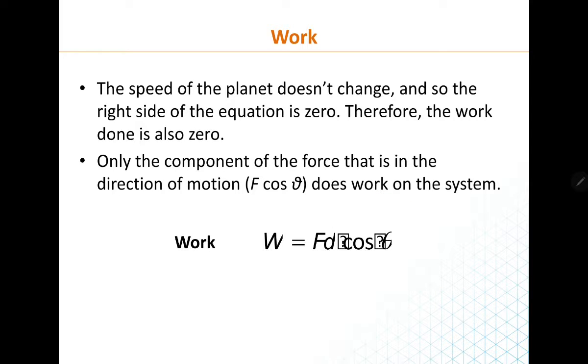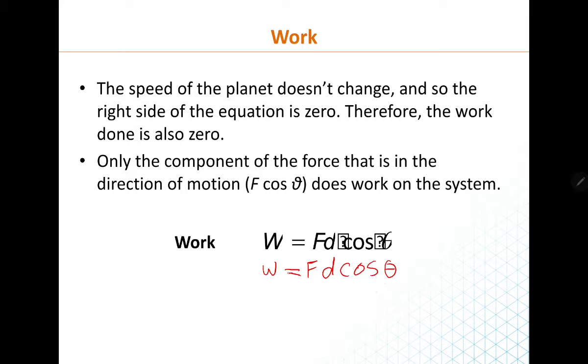And here we have the law of work, which is W equals Fd cosine theta. If theta is perpendicular, which is 90 degrees, we will not have work, because of the cosine of 90 degrees.